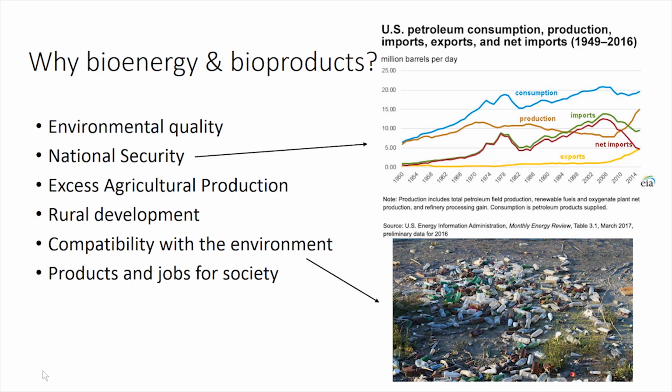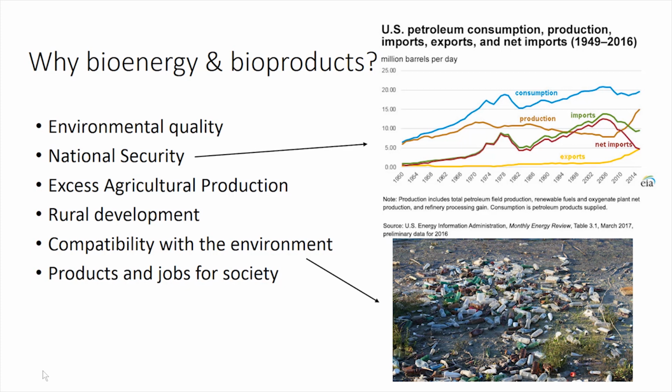National security is another one, and I'm showing this graph again that shows that of the consumption of oil in the United States, only 50% of it is produced in the U.S., and about 50% is imported. So, of course, during times of struggle or conflict, we're going to be looking to see if we have secure sources for fuels and products.